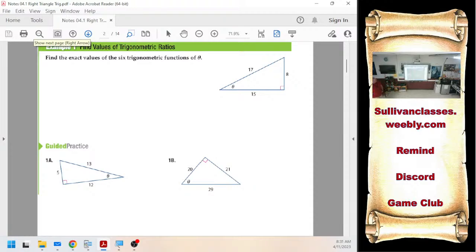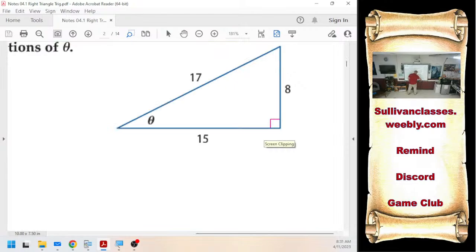So, go over values of the trig ratios. Everything on here, notice that all three sides are integers. That's not going to happen very often. These are all called Pythagorean triples. Y'all remember Pythagorean triples? Integer numbers that will satisfy Pythagorean theorem. Okay.